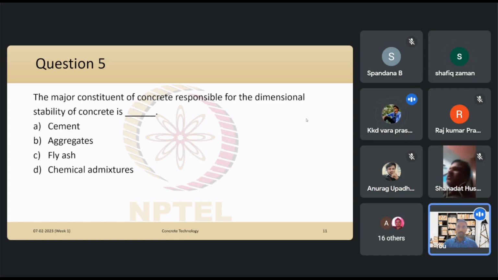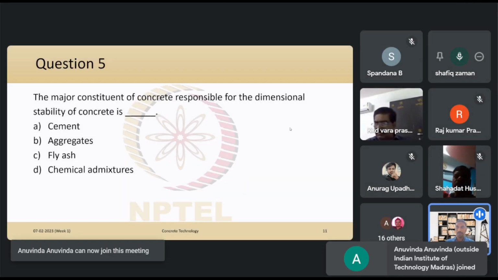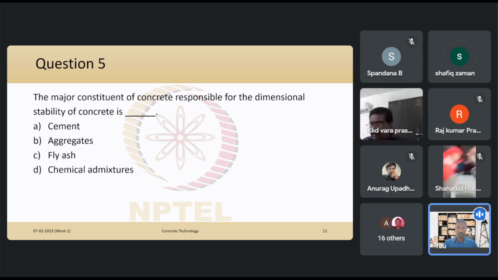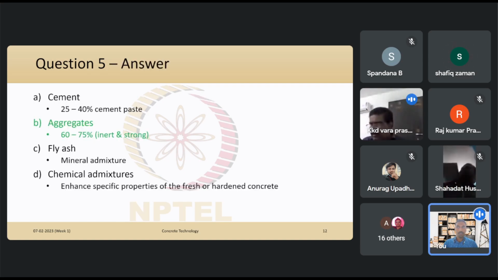Okay, so let's look at the answer now. A majority of you opted for option B, aggregates, and some of you said option A, cement. The right answer is actually option B, aggregates. If you look at the composition of concrete, 25 to 40% of it is made up of the cement paste, whereas 65 to 70% is made up of the aggregates.